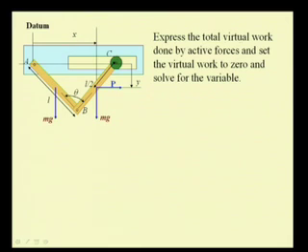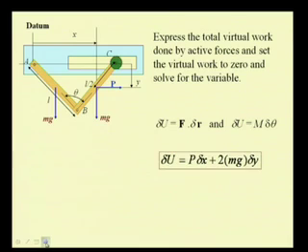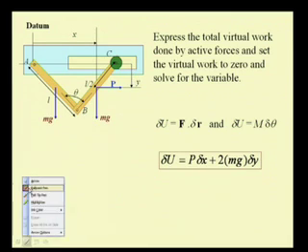Now, let us express the total virtual work done. So, delta U is F dot delta r, plus the virtual work done by the moment. In this case there are no applied moments. So, we have only the work done by these various forces, which is equal to the work done by this force P, which is in the positive x direction, times delta x plus these two forces which are also in the same direction as the positive sense that we have taken.